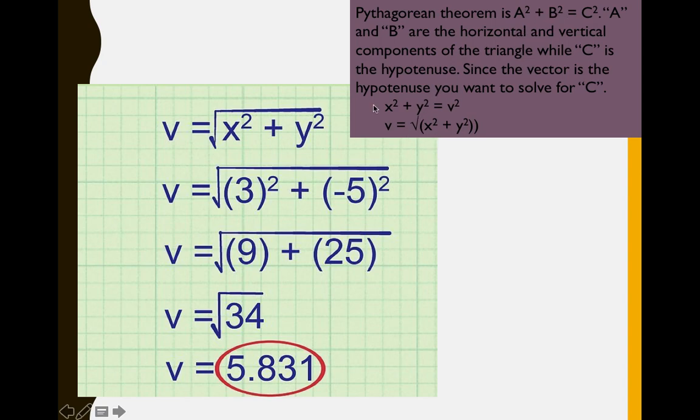In this case, use the horizontal and vertical components of the triangle. Since the vector is the hypotenuse, you want to solve for c.